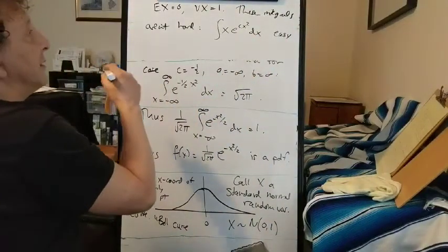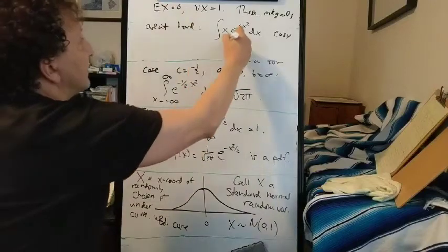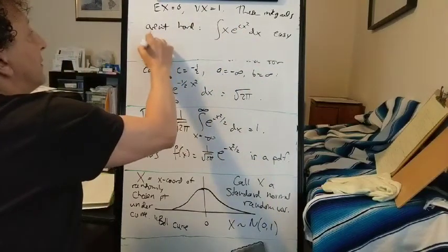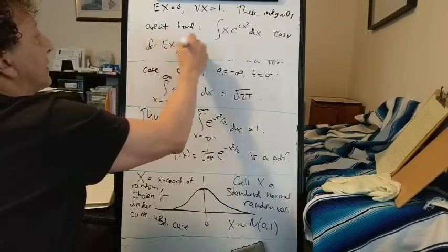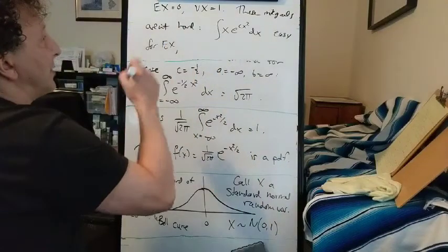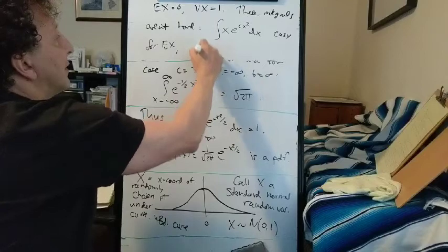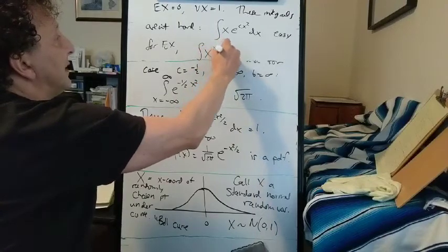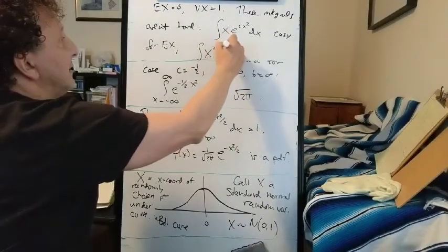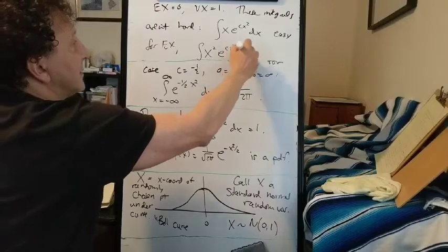So that gives the expected value of x, and then we would need the expected value of x squared, and we would integrate something like x squared e to the c x squared dx.